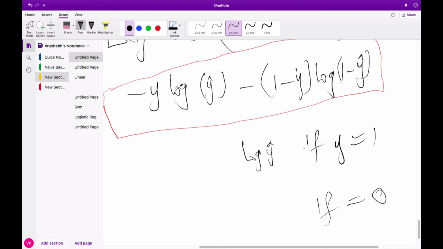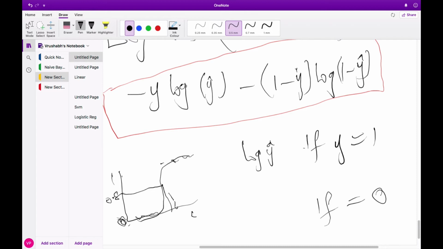Remember that at the sigmoid we only have 0 and 1. The actual y is always 0 or 1, that is whether a student will fail or pass. But if we are making a prediction, that could be a probability lying between 0 and 1, maybe 0.8.